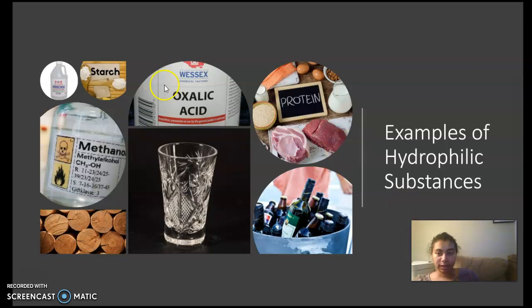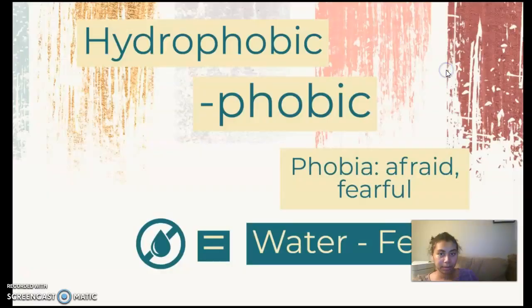Alright, and oxalic acid, ammonia, and of course we talked about protein. If a protein denatures, it'll lose its ability to dissolve and eventually die. That's for a protein cell though.